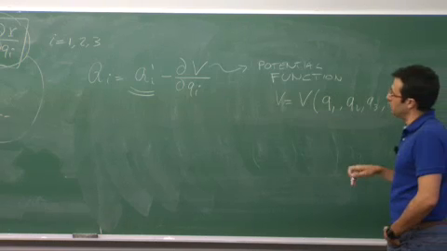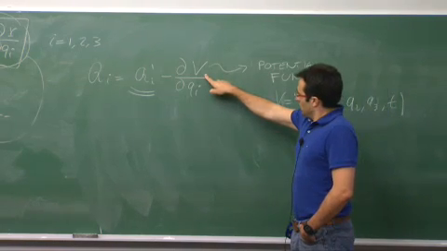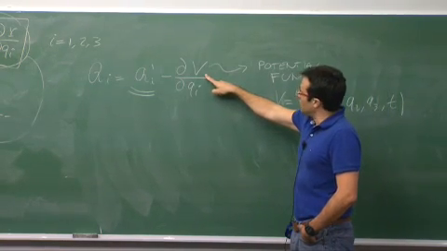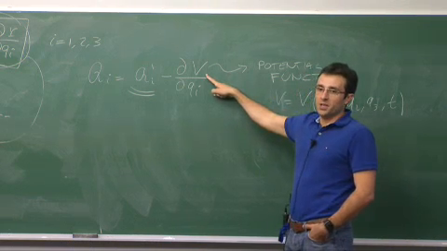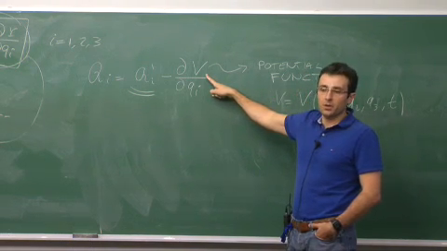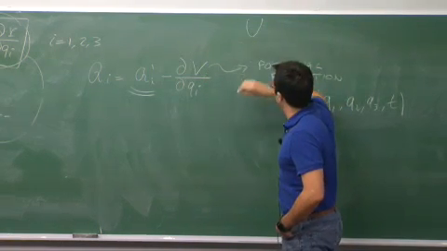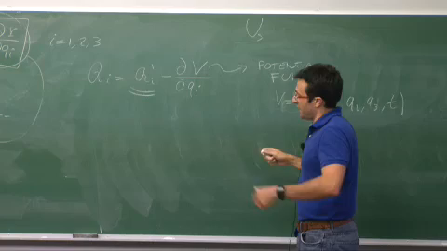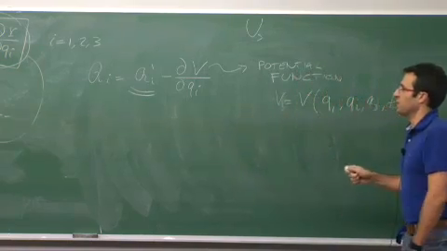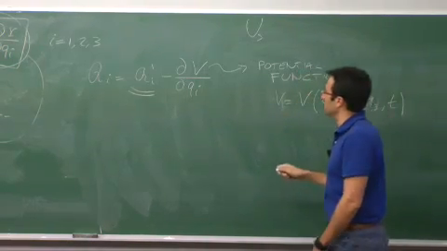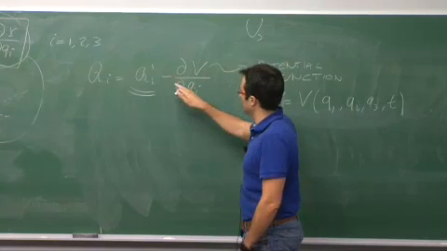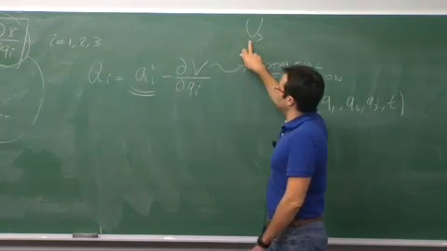One good example that we'll probably see is springs. You can write a potential energy for a spring as long as the attachment point is fixed in an inertial reference frame. So you can write a U for a spring. But if the spring has the two ends free to move in the inertial reference frame, with two masses attached at the ends of the spring, you cannot write the potential energy.